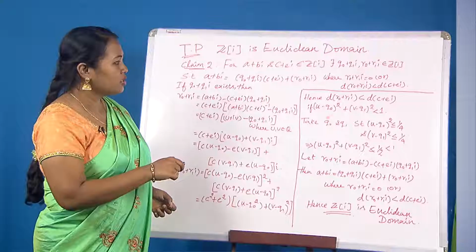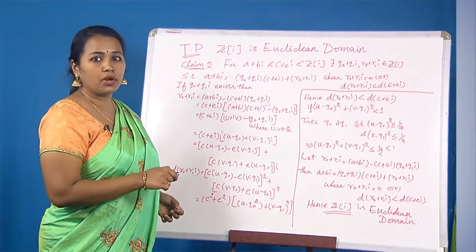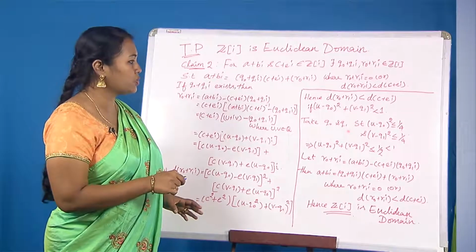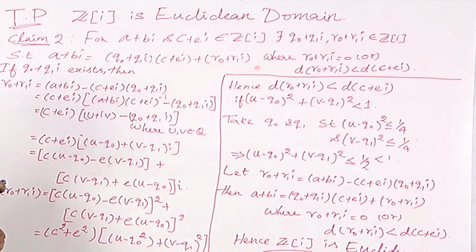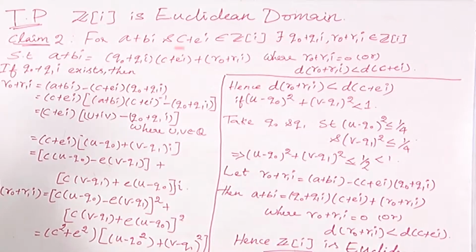Now we have spoken about q0 and q1. We have chosen this q0 and q1 in a specific manner also. Now we are left with only r0 and r1. So r0 plus r1 i can be written as, if you take this term here, when you bring all the other terms to the left hand side, you are left with this.